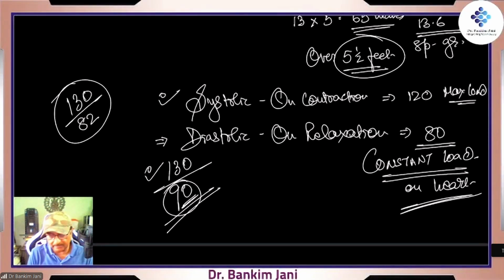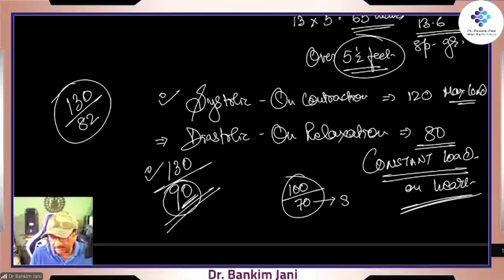In many females, blood pressure is somewhere around 100 by 70. It is fine because the body is working fine with it. But if the diastolic increases to 85, it is a matter of concern. 120 by 80 is a standard, but it varies from person to person, a few points here or there.